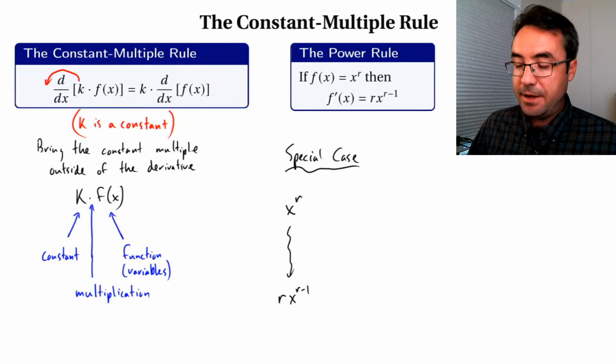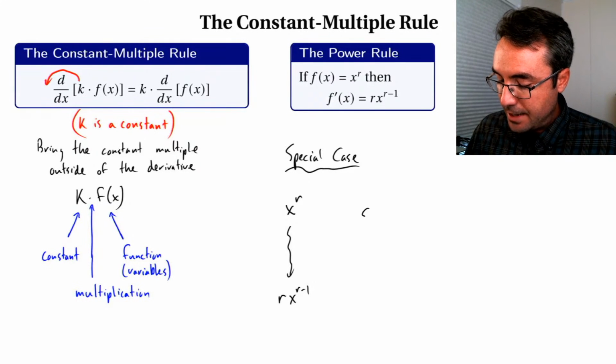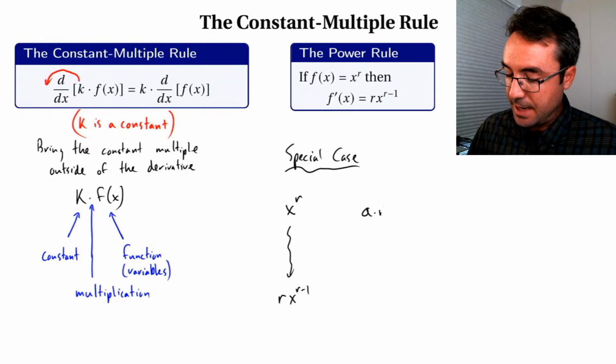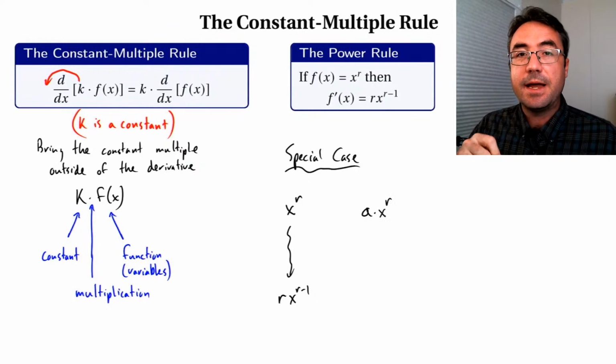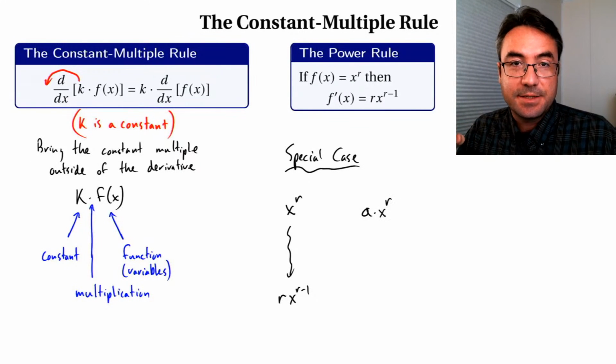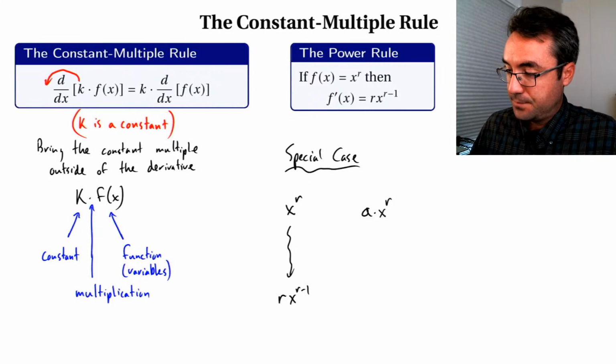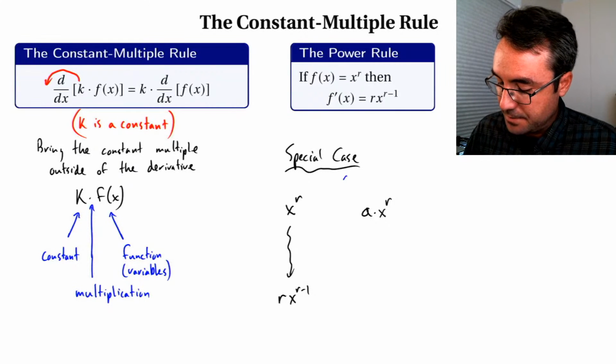Now, what would happen if instead we had a constant times a power function? So we had a times x to the power r. So a is just a constant here.